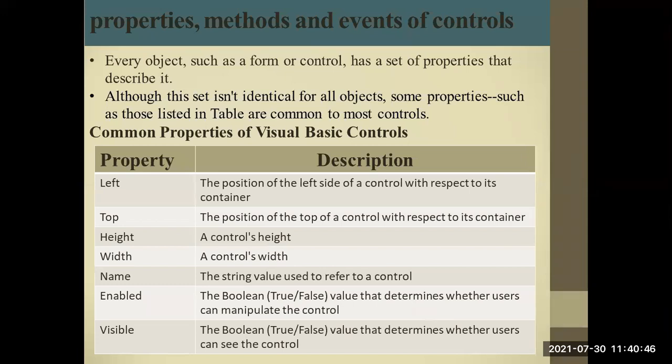Each of these objects has certain properties, and these properties describe the form or control. That means what the particular form is going to look like, what the size of the form will be, or what this particular control is going to perform.